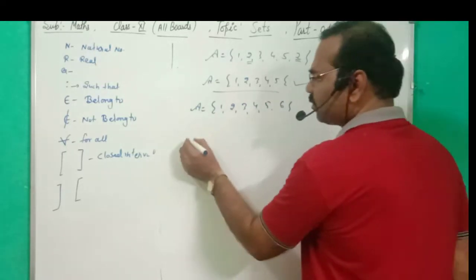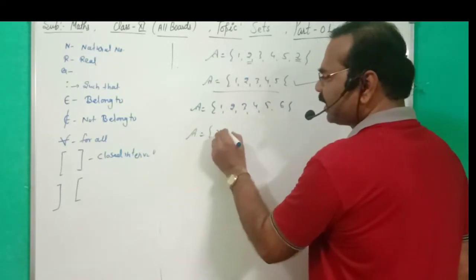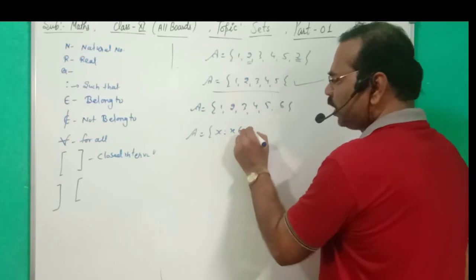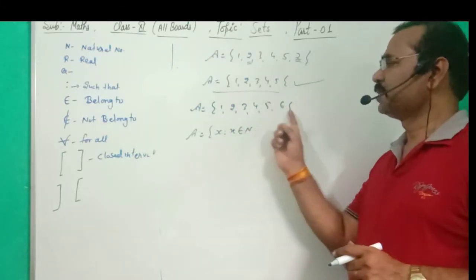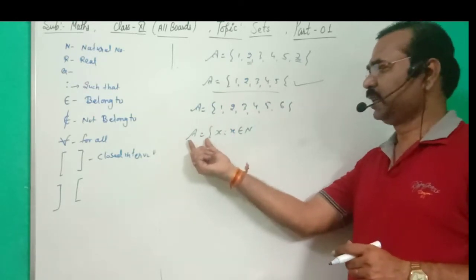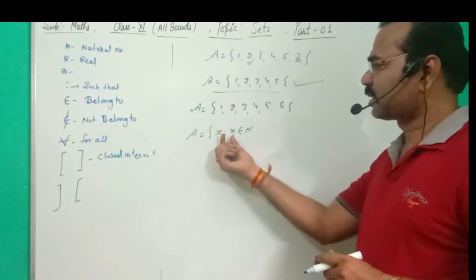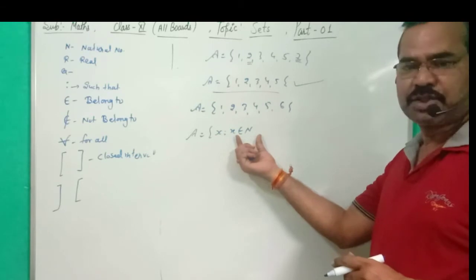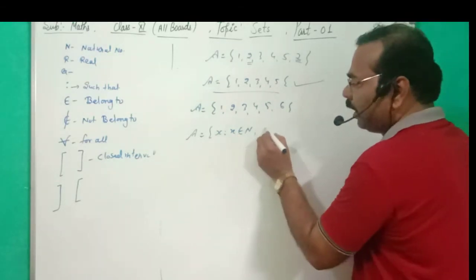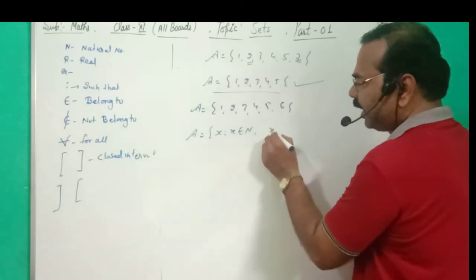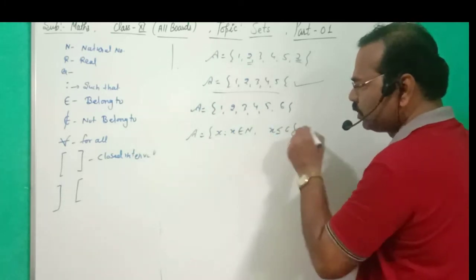You can write it in terms of X such that X belongs to natural numbers. A is 1, 2, 3, 4, 5, 6. Then you can write A is equal to X such that X belongs to natural numbers, where N is the set of natural numbers, and X is less than or equal to 6.